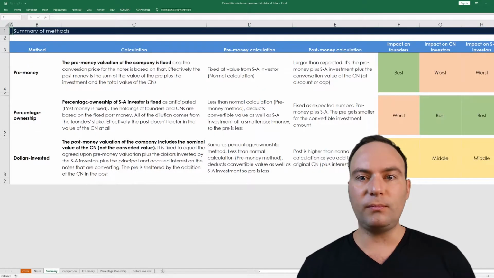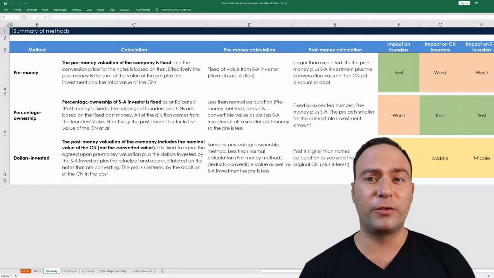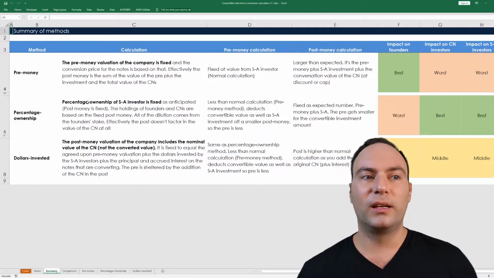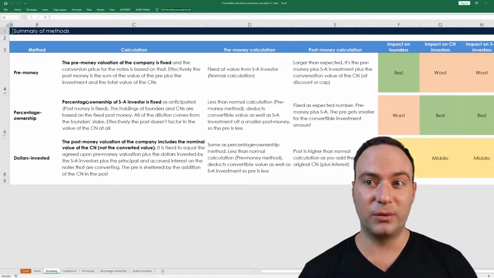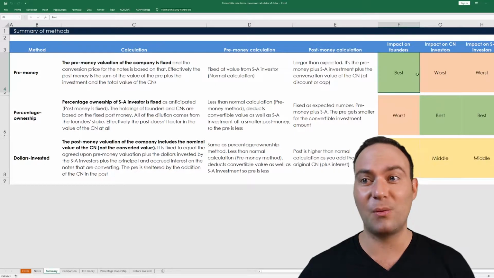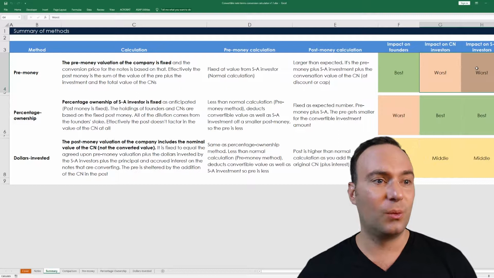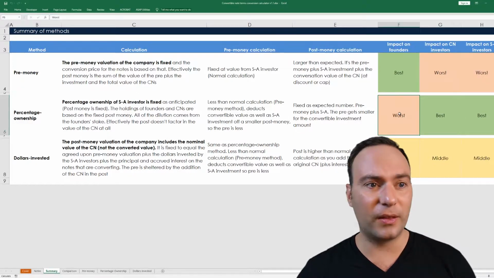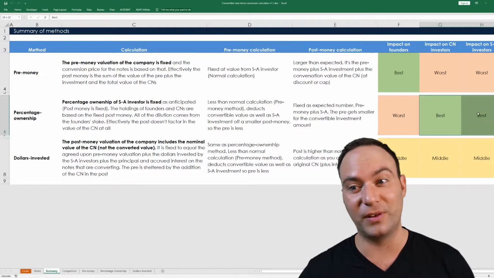All right, this is a very useful sheet for you to understand the differences between the three notes. We can see here that for impact on founders, the pre-money method is the best for founders. However, for investors, it's actually the worst. Whereas the percentage ownership method is the worst for founders, but it's best for investors.